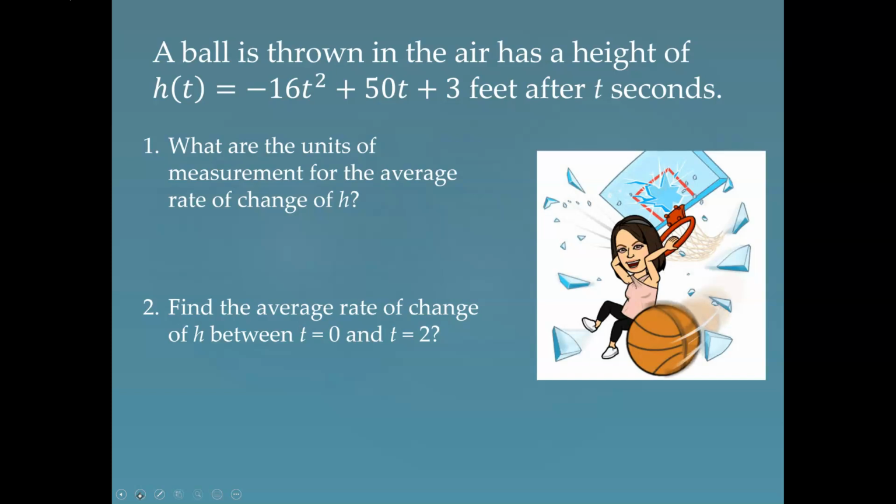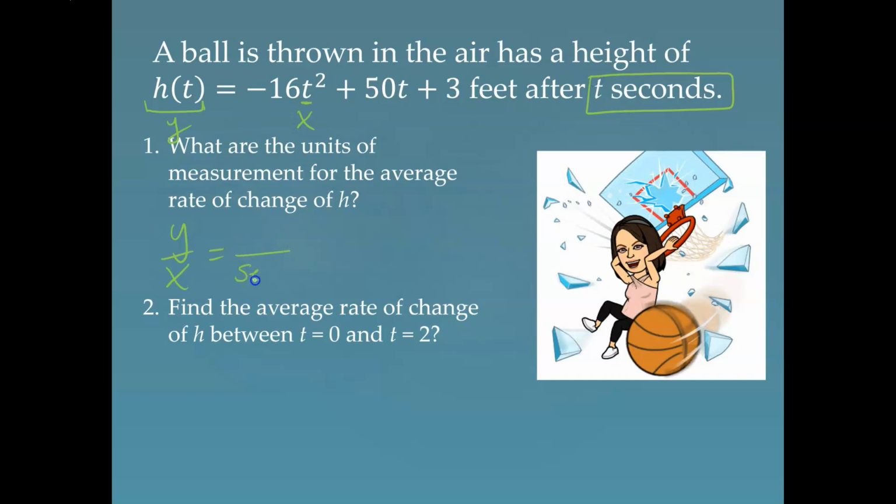If you think about it, average rate of change is your y's over your x's. So my y here is this, and this t is my x. We want to interpret those units. So t replaced x, and what does it say your t is? Your t is seconds.